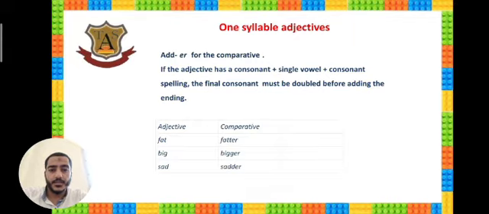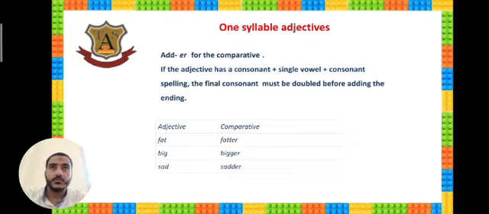So again, if the adjective has a consonant sound first, then a vowel, then a consonant, we have to double the last consonant. Like fat, like big, like sad, like red, the color red. If you have two dresses and one dress is redder than the other, both of them are red, but one is redder than the other.